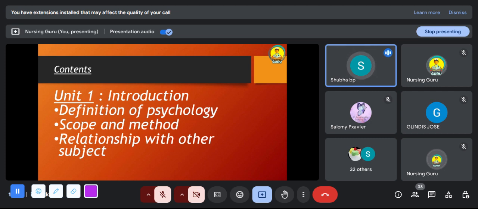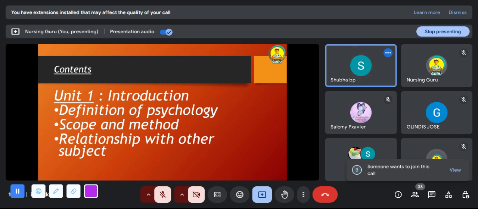These are the basic and most important things you have to study, and you will get more questions from unit 1.